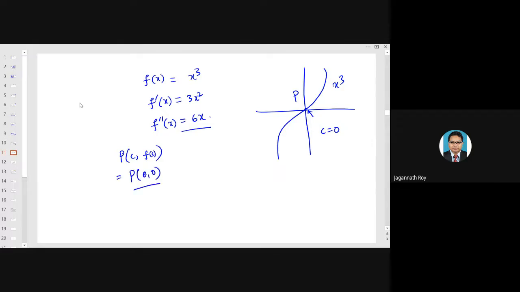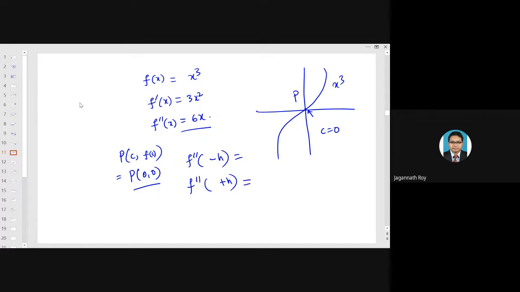Now what we want to say is f double dash of c minus h and f double dash of c plus h. So c is 0 here in our case. That means we want to find out f double dash of minus h and f double dash of plus h.